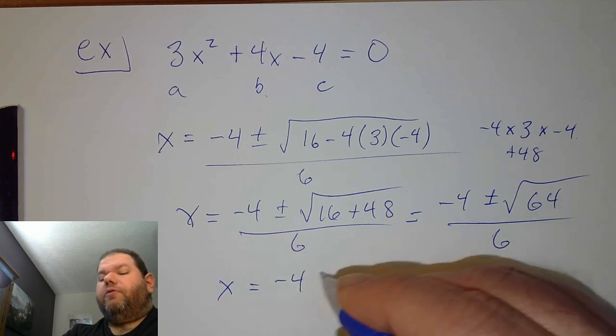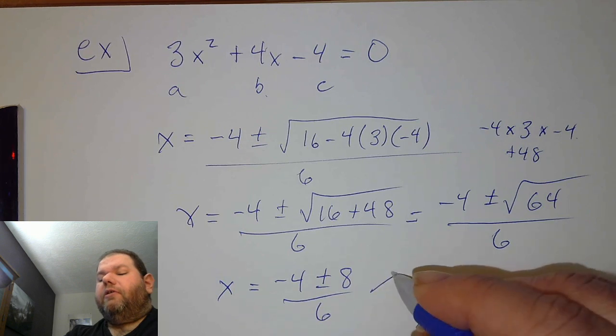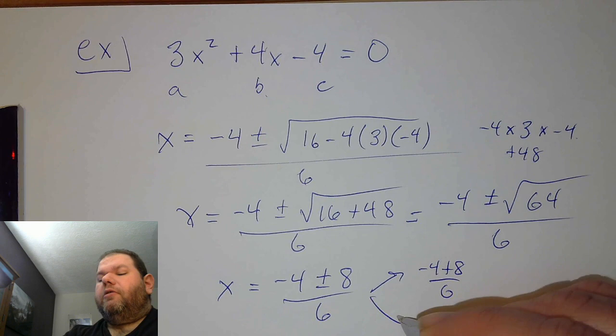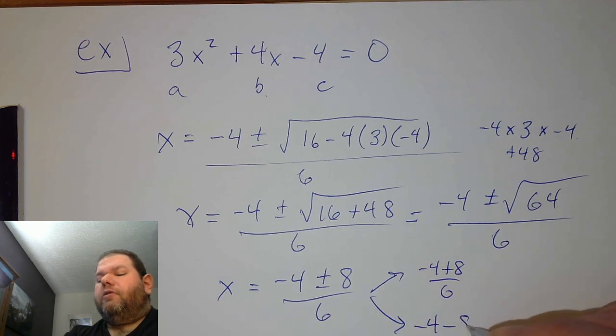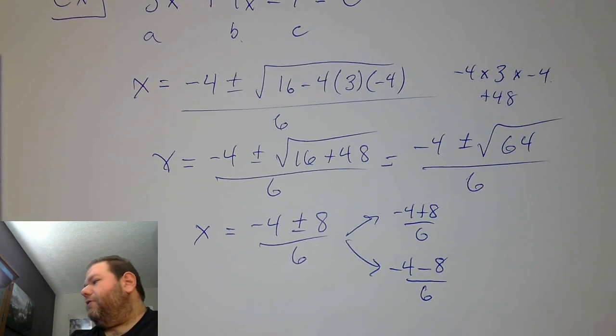So negative 4 plus or minus 8 over 6. Again, plus or minus, we split that up into two different statements. There you go.